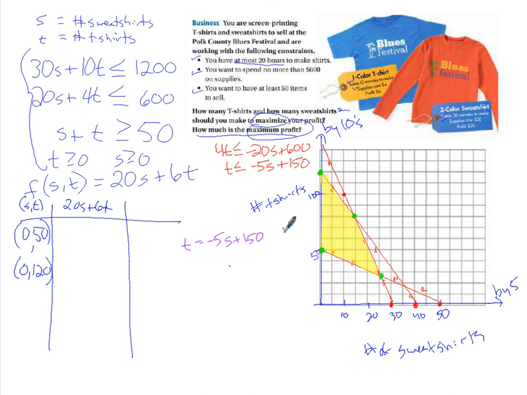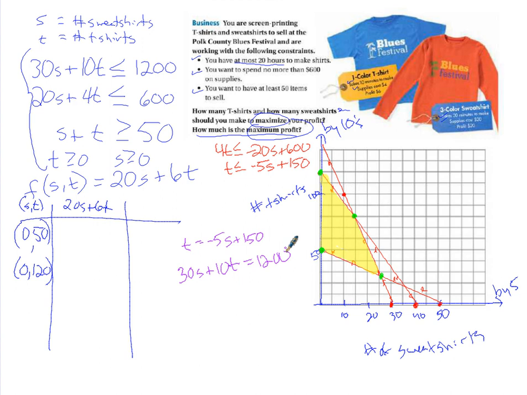The other one was the one where we had a t-intercept of 120. Which inequality was that one? A t-intercept of 120 was given to me by this one right here. So the other equation we're going to use is 30s plus 10t equals 1200.